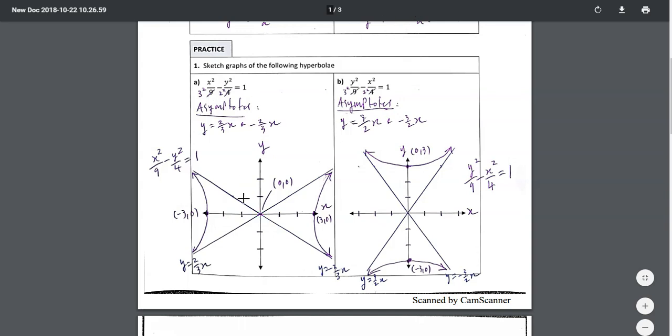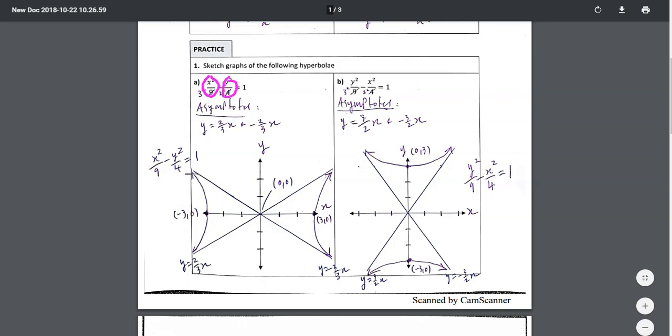All right. So now how do I decide where to put my focus points? Because a hyperbola has to have 2 focus points. Well, what you do is, first of all, you look to see whether the first term is x squared and the second term is y squared.